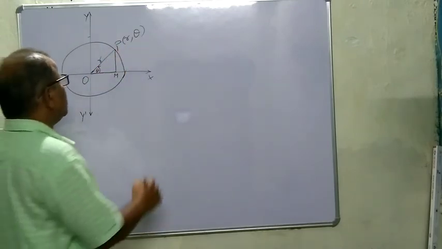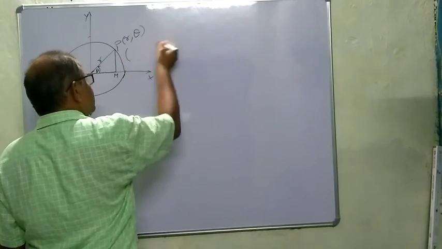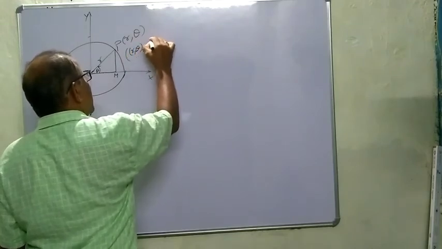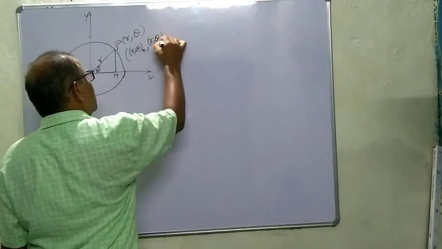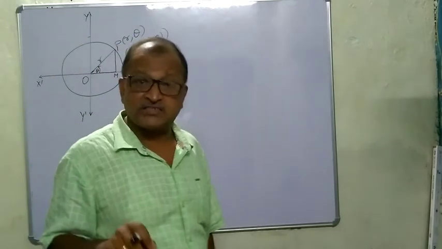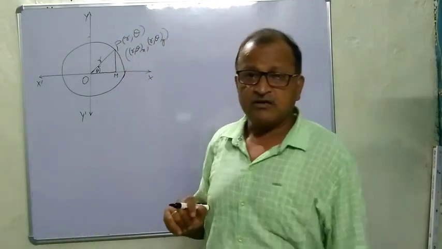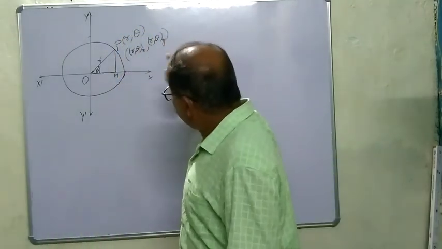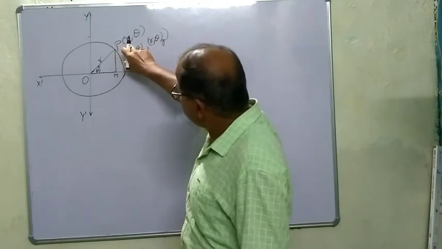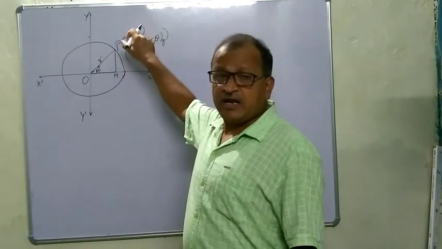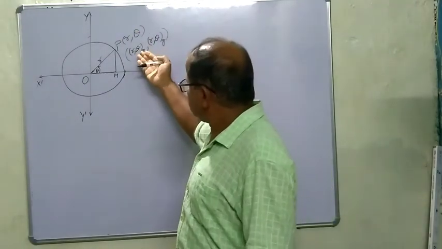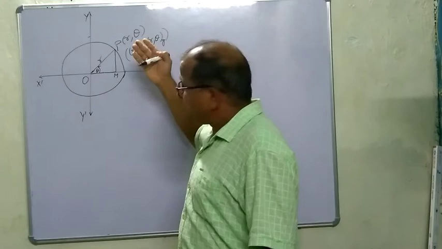Suppose its Cartesian coordinates are r theta x, r theta y. We have not taken x, y. We have taken r theta x, r theta y. Why? r theta x is the x coordinate of the point whose polar coordinates are r theta. It is just a symbol.